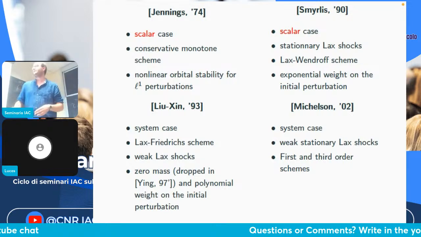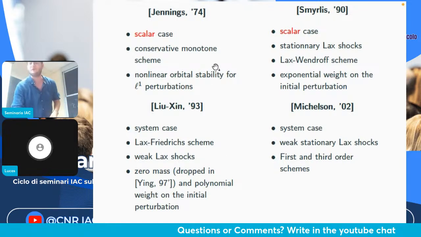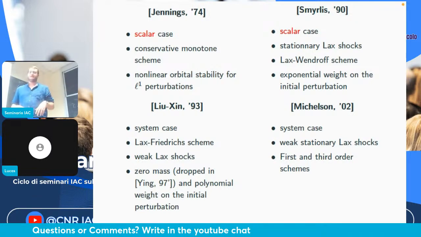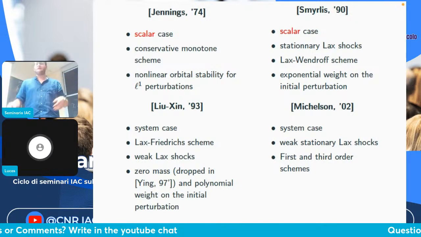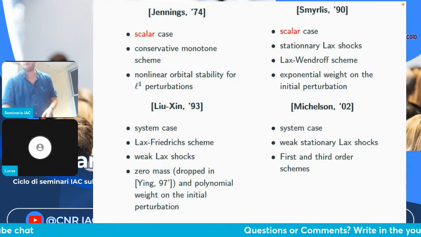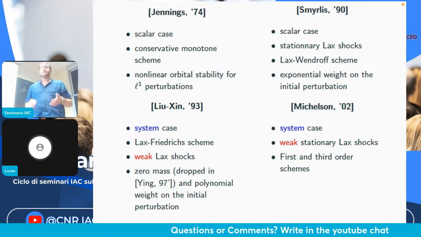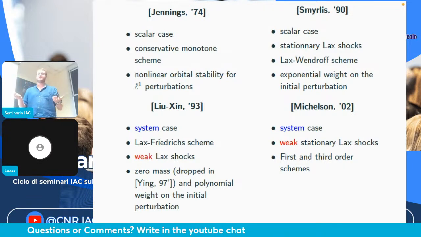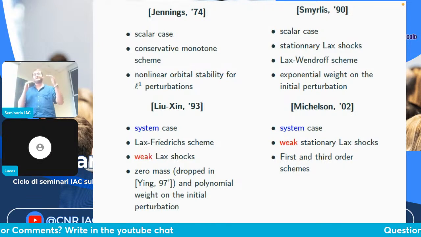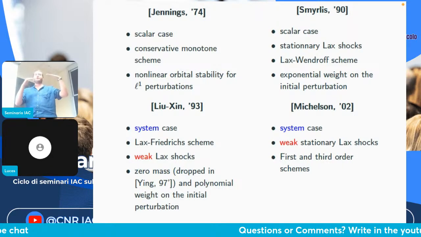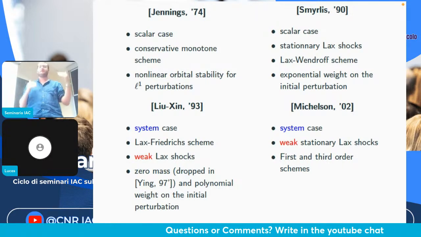For example, the result by Jenny uses monotone schemes, so you need to work in a scalar case. So it only works for scalar conservation laws, which is good, but hopefully you would want something that works for systems. In the results that work for systems, there is one recurring limitation, which is that it only works for weak Lax shocks. Weakness means that the amplitude of the shock must be small. The two states must be fairly close.